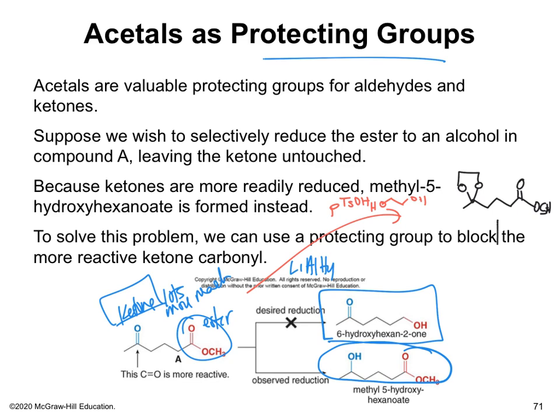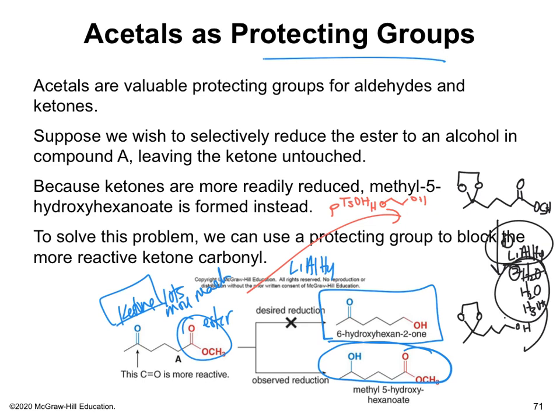And then you can react it with lithium aluminum hydride, which is step 1, and then water. A lot of times you can add H2O and H3O plus, and you're quenching the lithium aluminum hydride, and that will give it back. If you just do lithium aluminum hydride, you're going to get the reduction to the primary alcohol, and then the acid and the water is going to hydrolyze this back from the acetal.